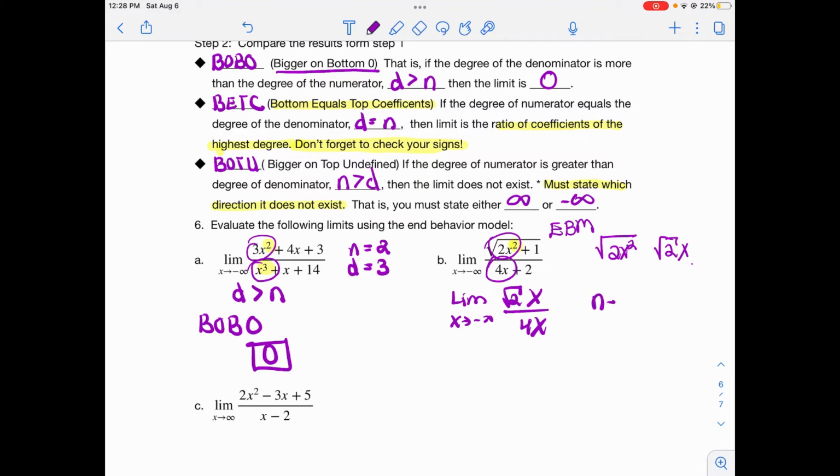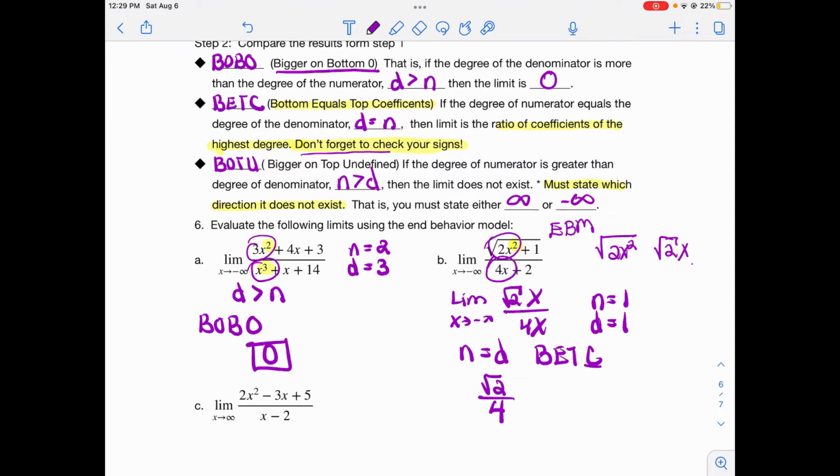So my numerator's degree is 1, my denominator's degree is 1. The numerator is equal to the denominator, so bottom equals top, and the coefficient is what I'm going to use. The coefficient of the top is square root of 2, the coefficient of the bottom is 4. So that tells us it's going to be the square root of 2 over 4.